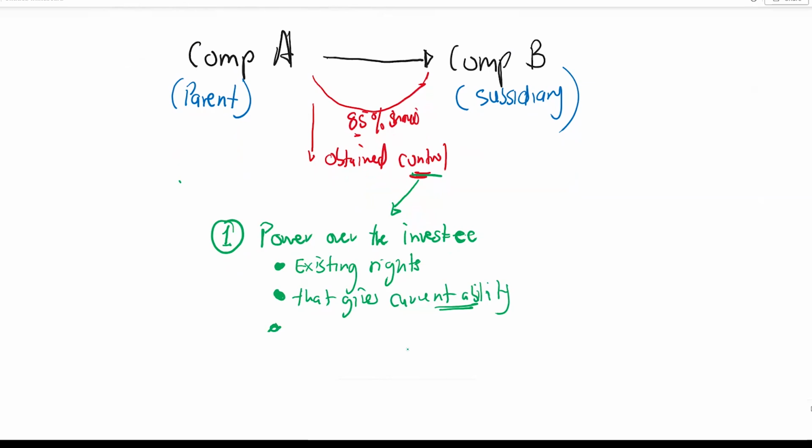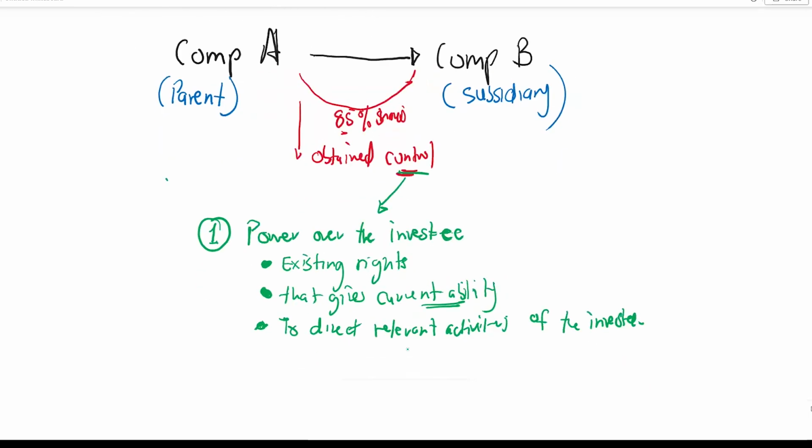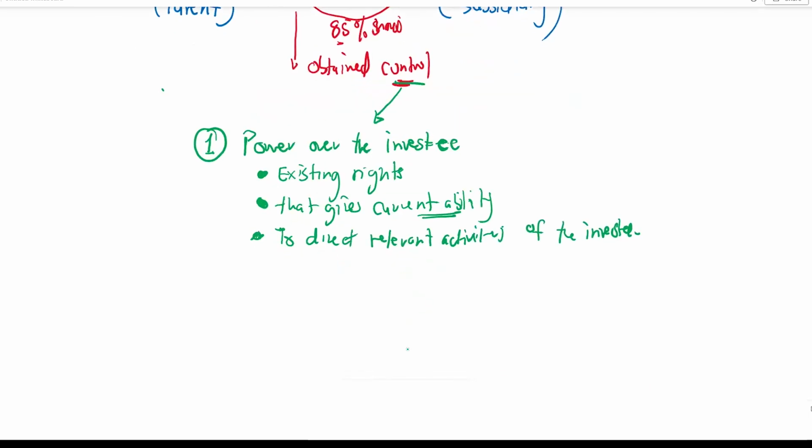So: existing rights, current ability to direct relevant activities of the investee. All right, so that is basically it. That's how it works. And so that is the first thing you need.